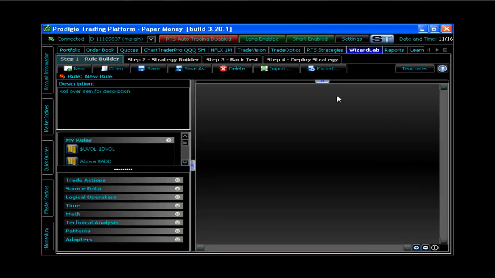Right, so let's go over to Wizard Lab. Now, Wizard Lab is how you create the rule in order to generate a trading signal. It's a drag and drop canvas so that you go over into your toolbox and you tell the system what you want it to do. The way you think of this is it's kind of like a way to do scripting without the scripting, and it reacts to real-time data.